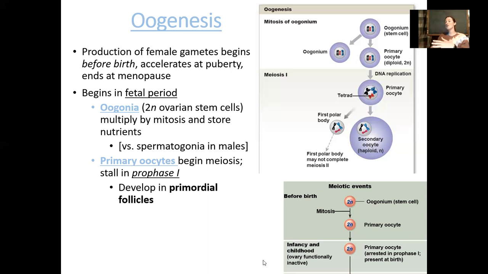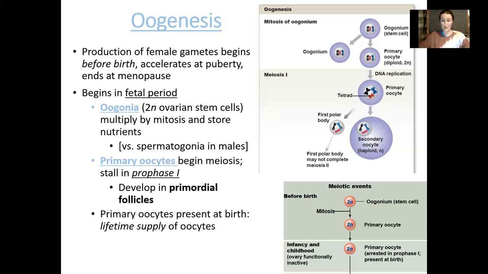And so in addition to beginning the process of meiosis, follicular development begins as well. Primordial follicles are essentially one skinny little layer of cuboidal cells that surround the developing egg. Not really doing too much, they're just kind of hanging around with a shell around the oocyte.